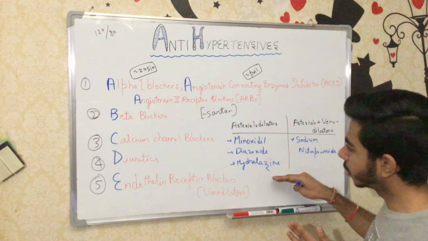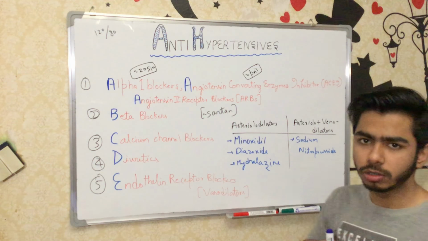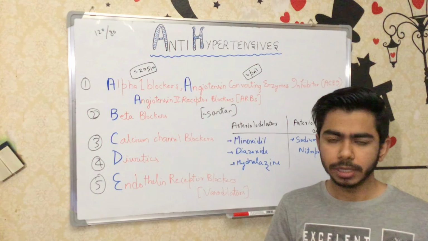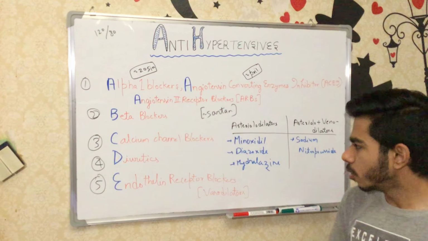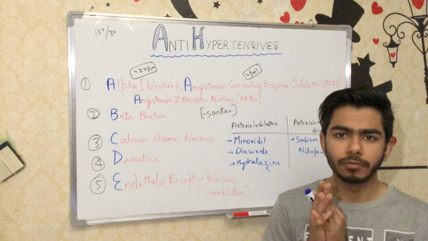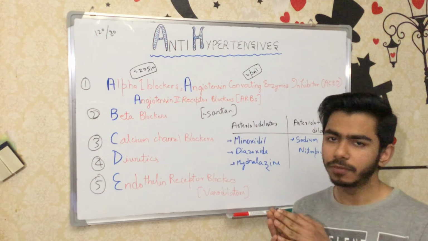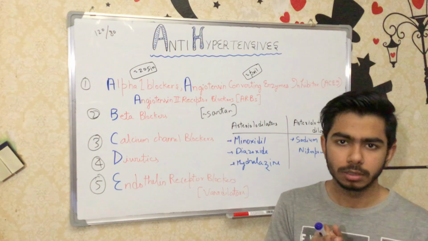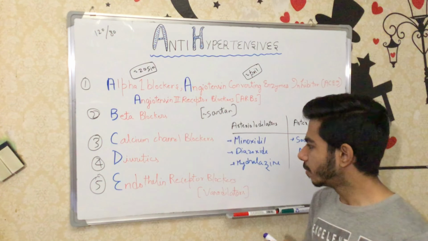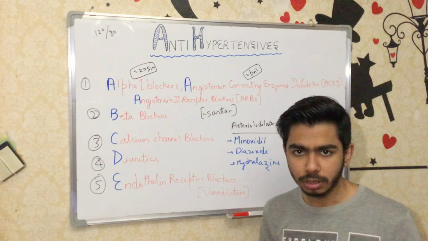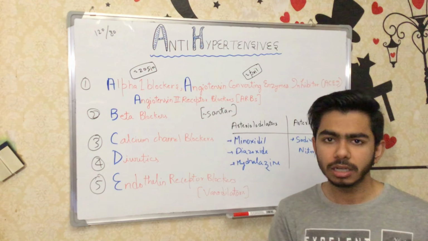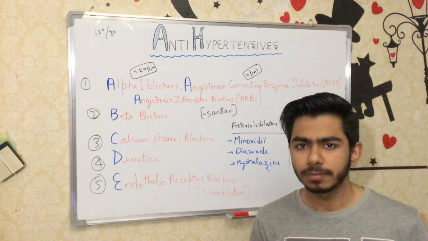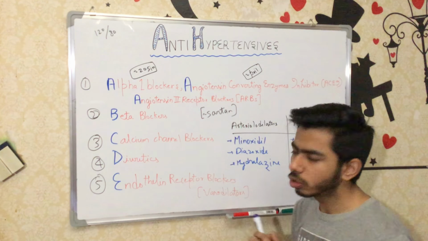Now talking about minoxidil, how does it work? Actually, these three drugs act on the arterioles and dilate them. How? There are the endothelin 1 receptors. If endothelin 1 binds to the endothelin receptors, that will cause arterioconstriction and increase the total peripheral resistance. So we need to decrease the total peripheral resistance.